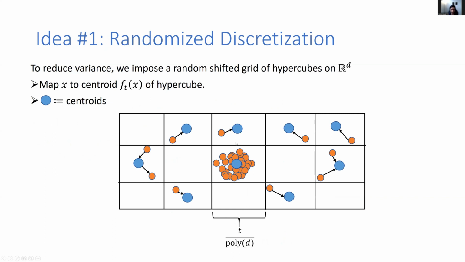And then we look at these blue points, which are the centroids of the hypercubes, and we map each orange point, the points in the data set, to the centroid of the hypercube which contains them. And now this gives us a new set of points. We've discretized all the points, possibly mapping multiple points to the same centroid.